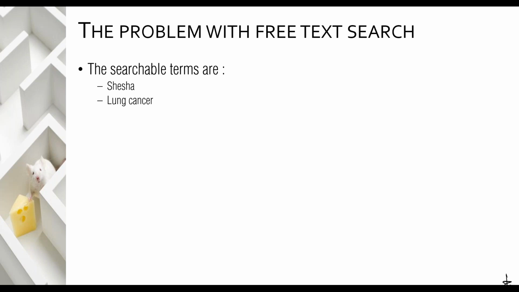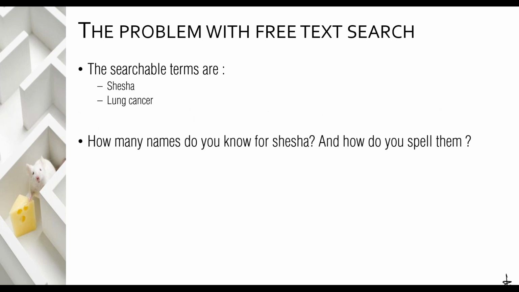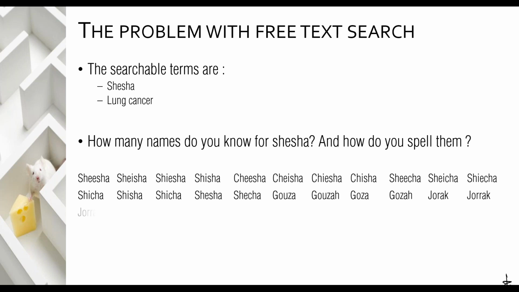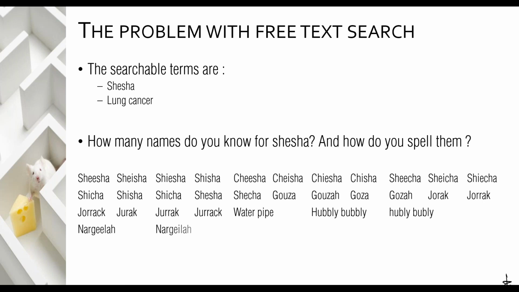Okay, now the problem is how many ways shisha can be spelled, and how many names shisha has. Obviously, you can spell shisha in different ways, and you can call it different things. It's been called different names in different countries.